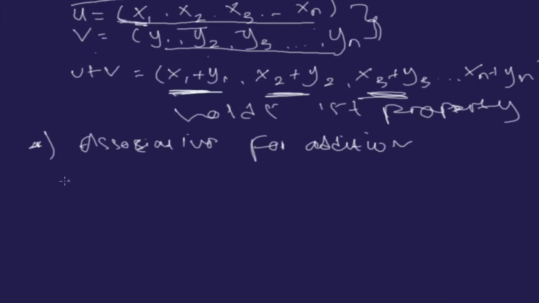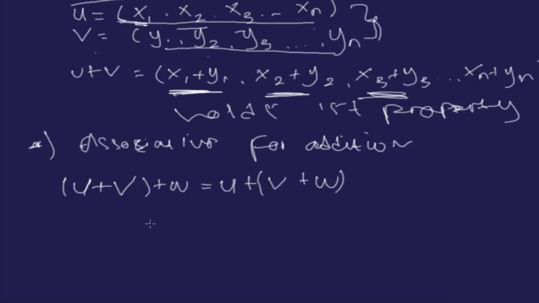The associative property says that (u plus v) plus w has to be the same as u plus (v plus w), just moving the bracket.